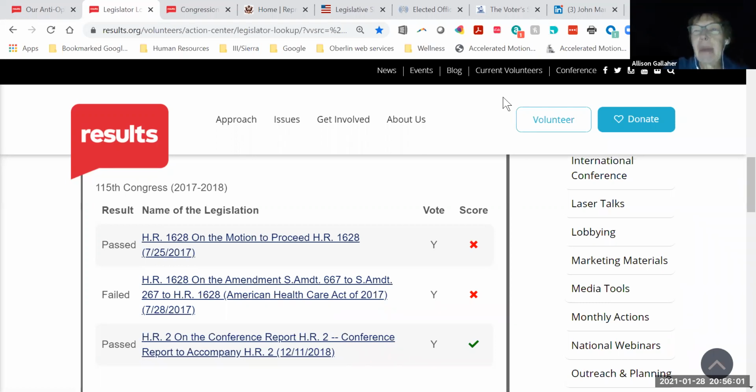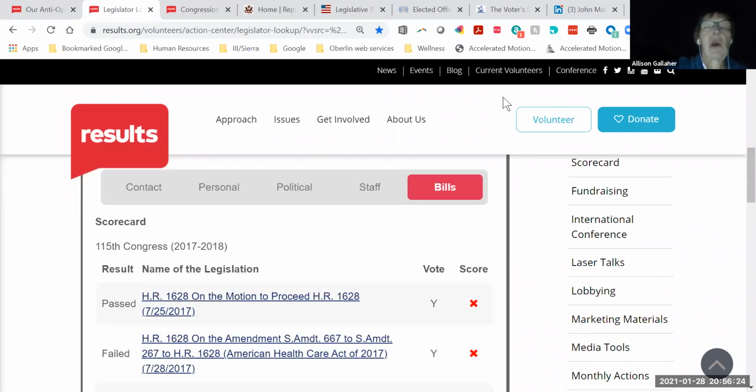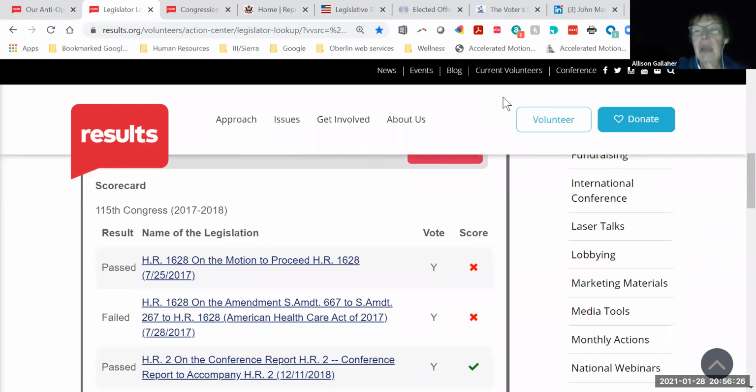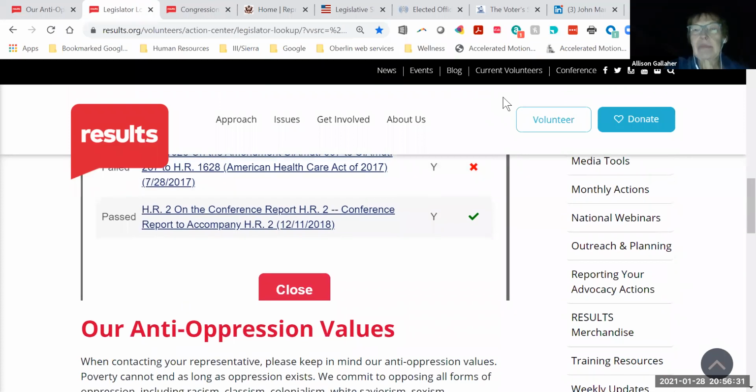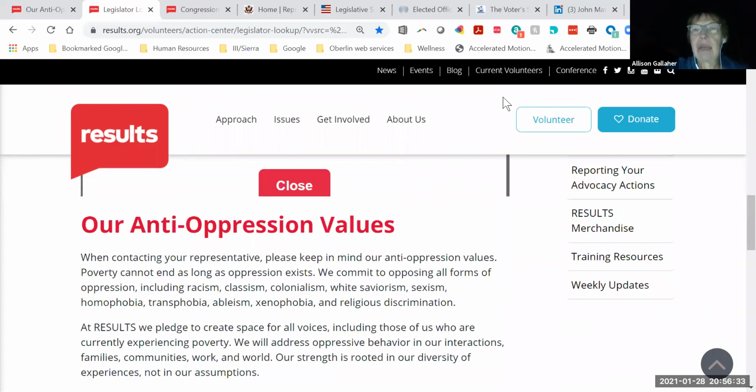The nice thing about this, with the caveat of if it's accurate, is that this is something to thank him for. And it's always important to be able to go into your meetings with something to say about something they have done. And there's another resource Results provides you with called the Congressional Scorecard, which is another one of the choices here on the right side, right here.